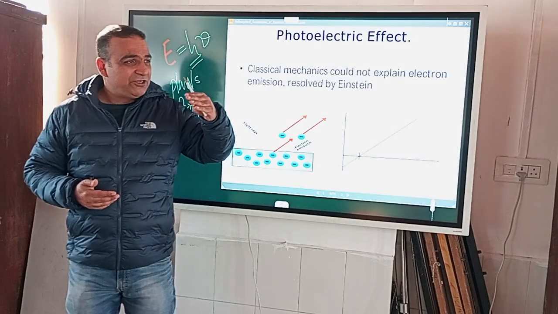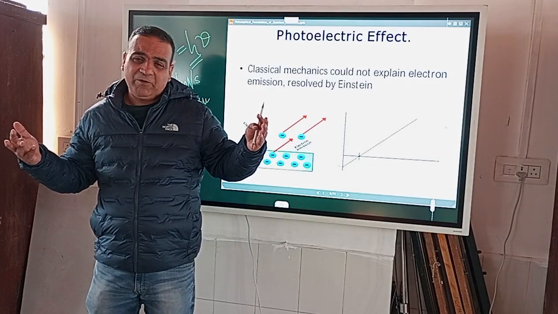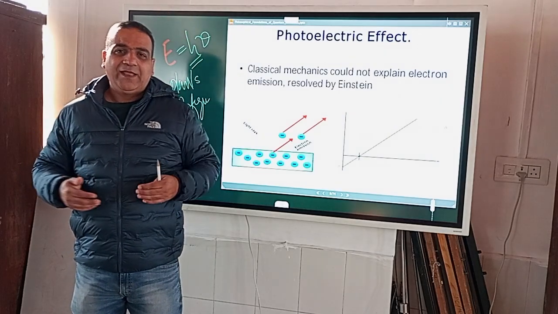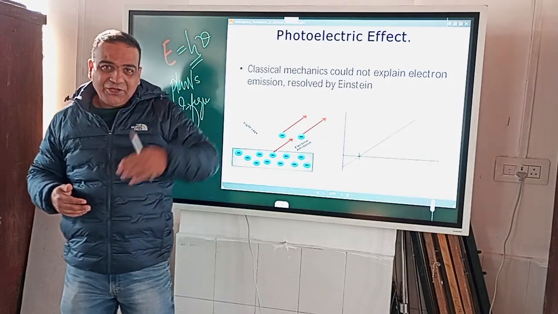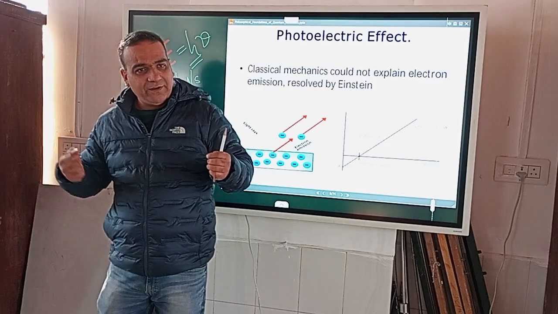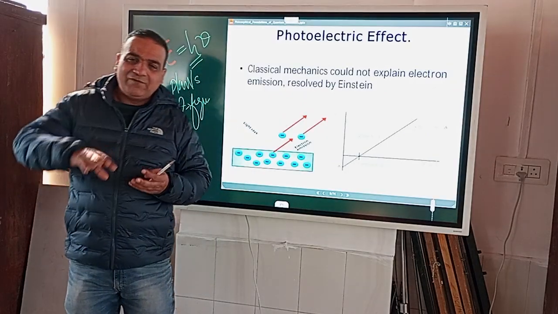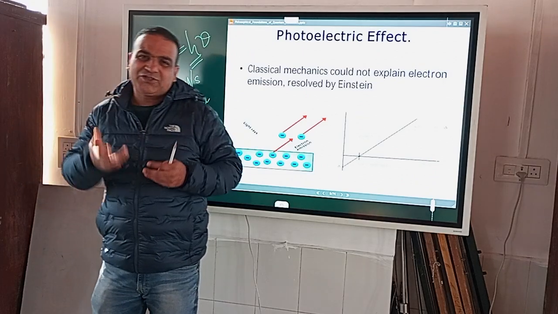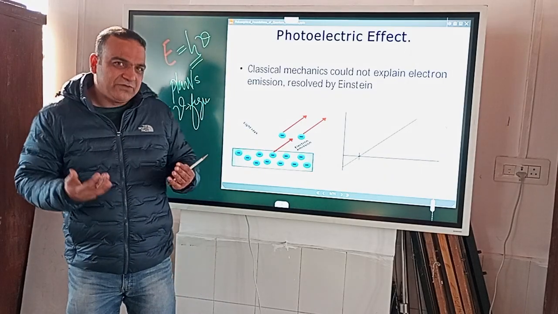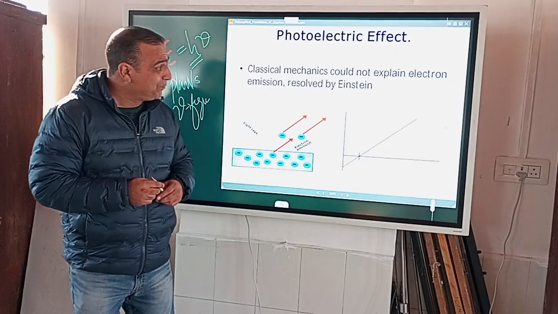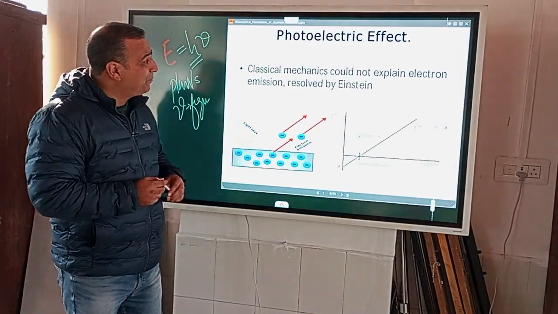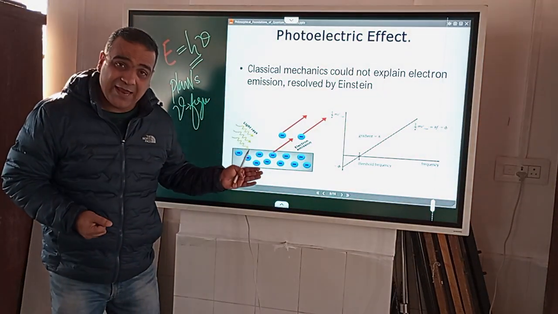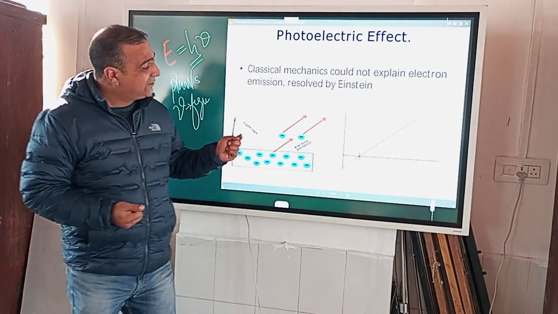Then taking into account the diffraction experiment that we perform, that again confirms the wave nature of light, and polarization experiments where we bombard the light and then we change the orientation of some crystal, and that again can be accounted for by the wave nature of light. And the same argument is tried to explain a phenomenon called the photoelectric effect.